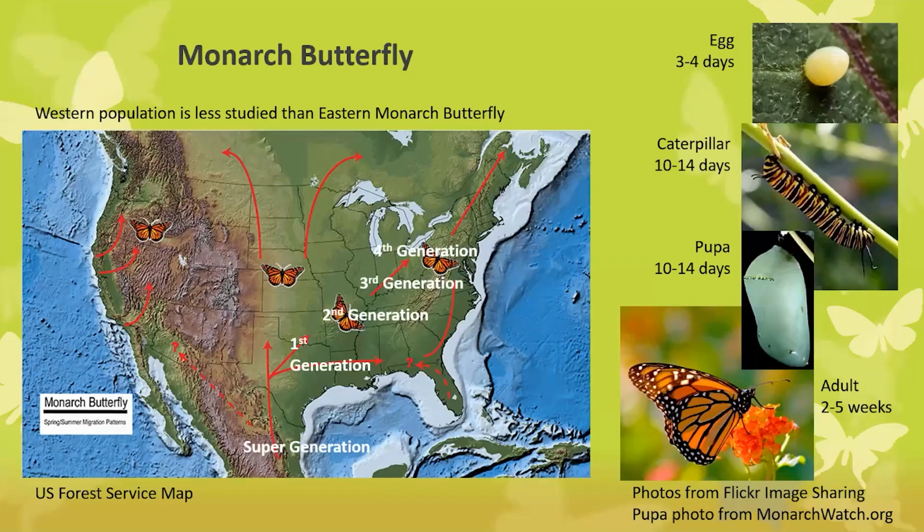If you live in the valley of, let's say, Oregon, or the coastal areas, just know there is a very small fragment population of monarchs that appear in this area, but it is not common to see a monarch.